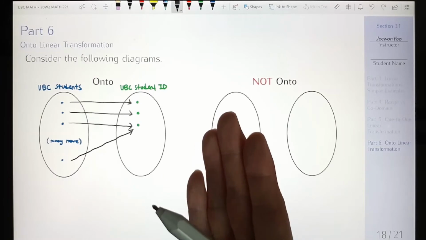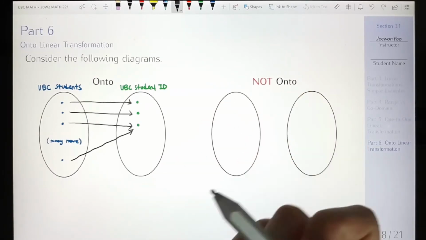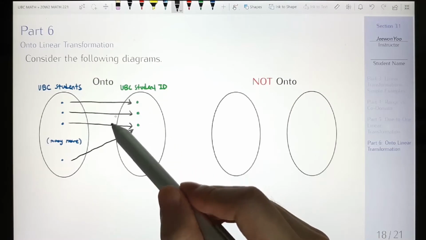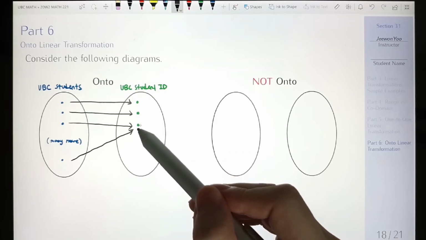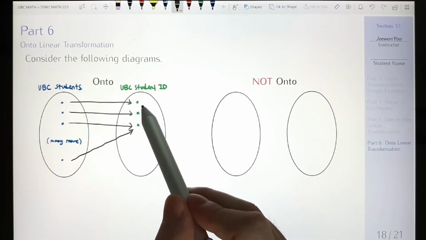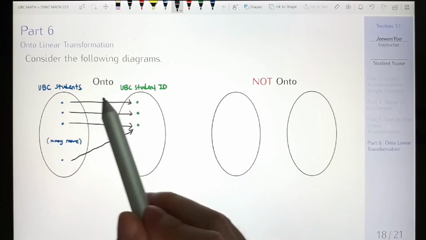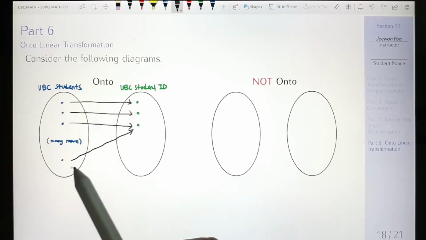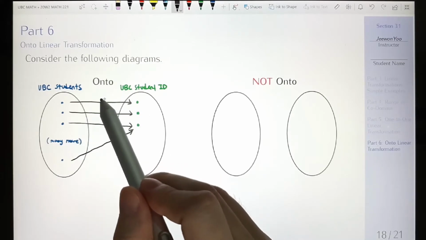The concept of onto linear transformation is very simple. Consider all UBC student IDs. Let's say there are 3 of them. As long as all UBC IDs in the system are taken by some UBC students, then we can say this transformation is onto.